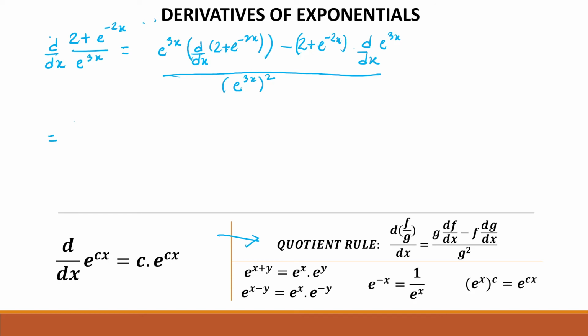Which equals e to the power 3x times the derivative of 2, which would be 0.